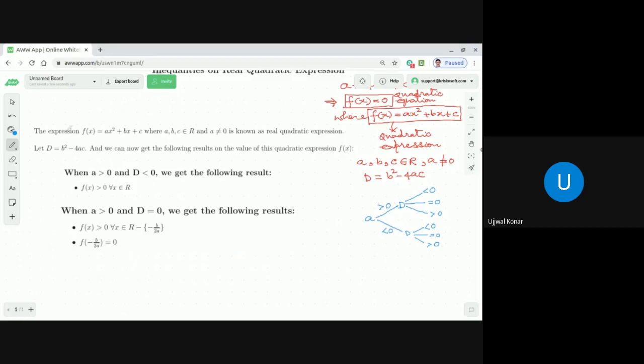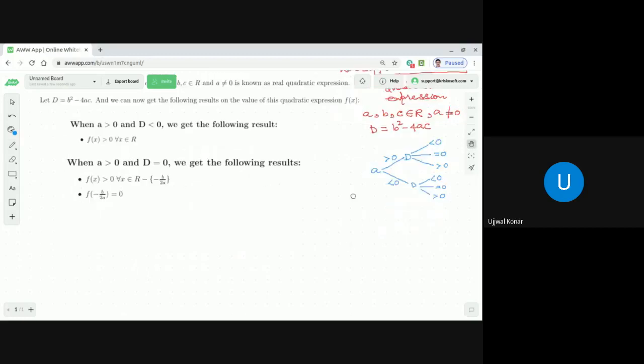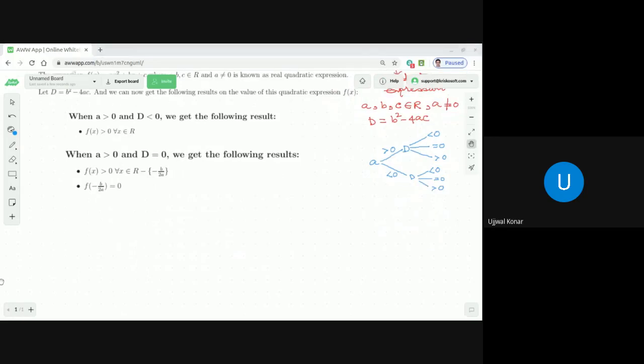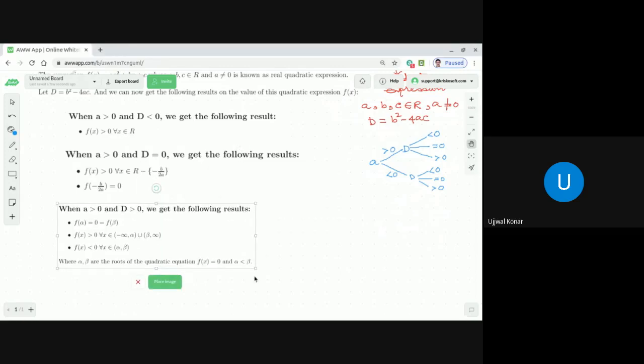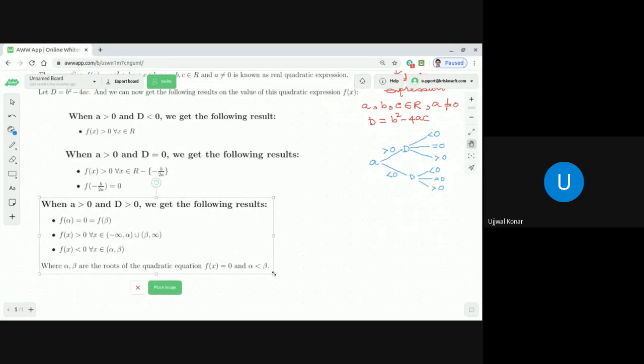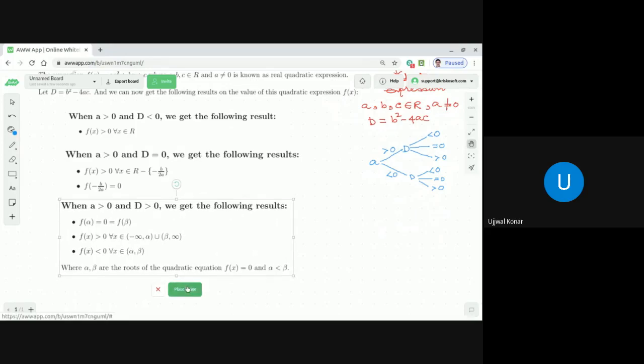Now the third case is when a is greater than 0 and d is greater than 0. We conclude the following results. First one is that f(alpha) equal to 0 is equal to f(beta).